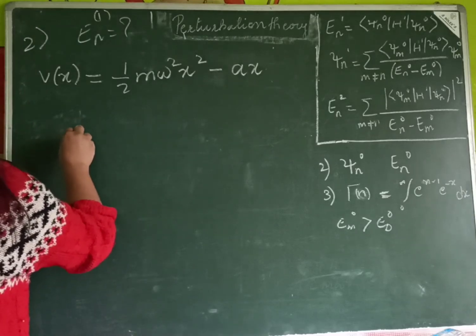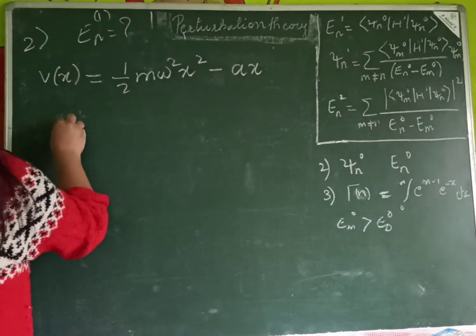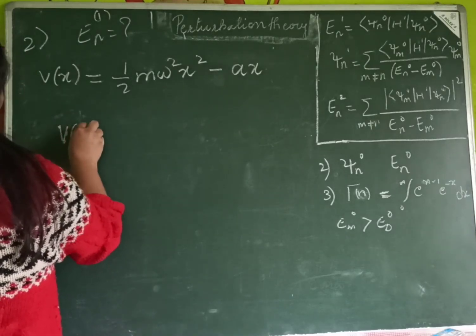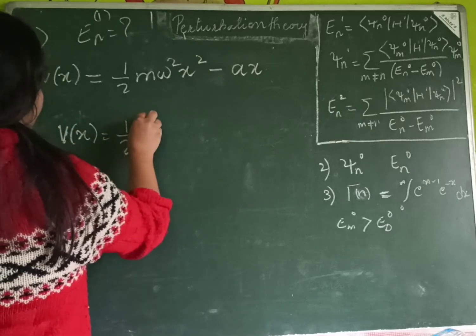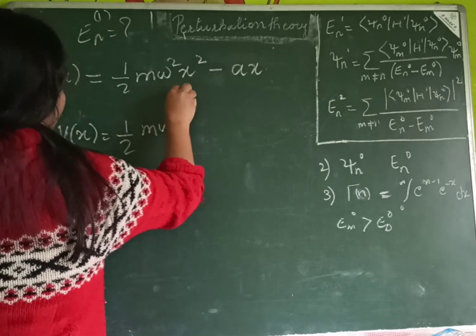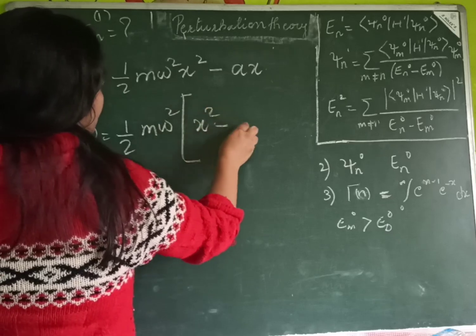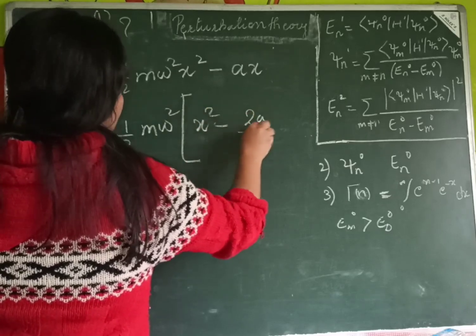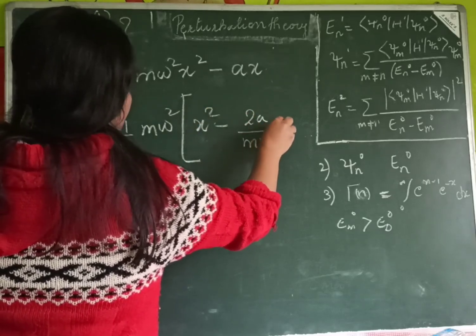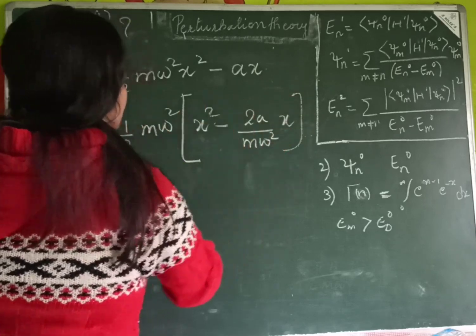So how do I do it? Let me say my V of x is half m omega squared, and then I take a common, which gives me x squared minus twice a by m omega squared x.